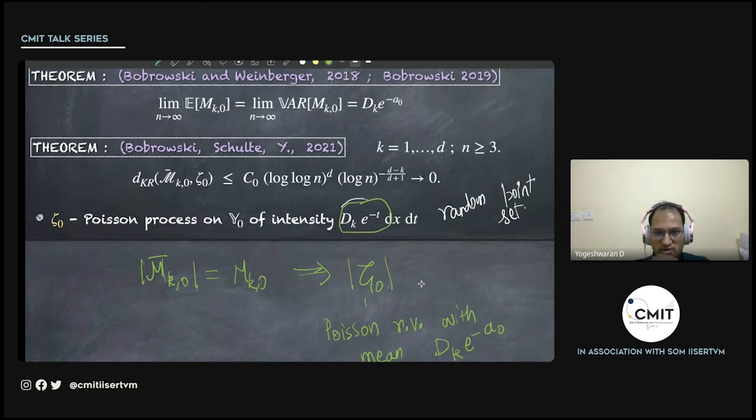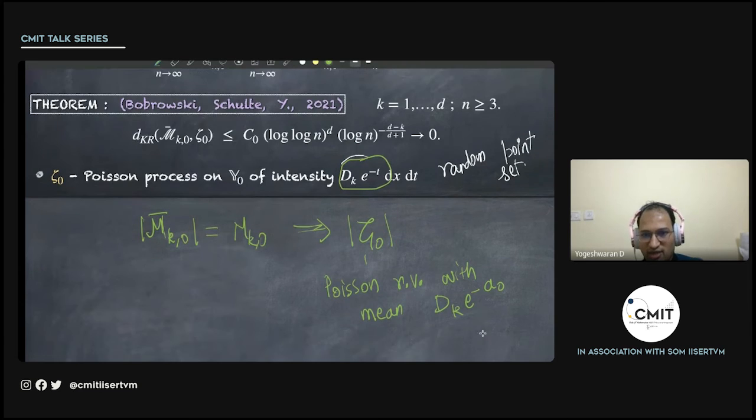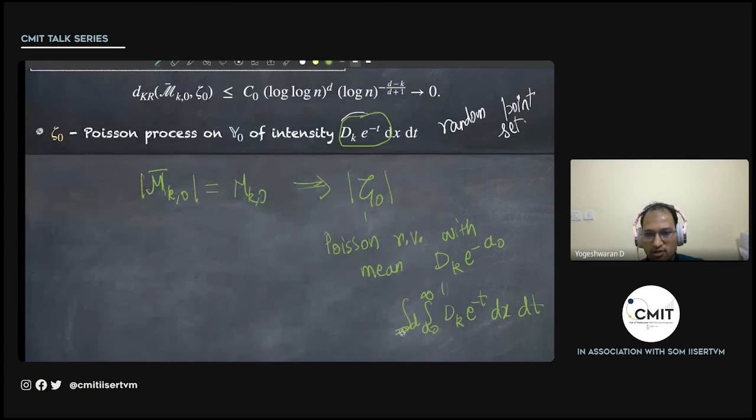This is essentially the mean of the random variable, and there is a simple connection. This is also the integral from a naught to infinity of d_K e to the minus t dx dt, integral over the torus as well. So this is the connection: the total number of points, this is the conjecture we made. This was the conjecture, now it's a corollary.